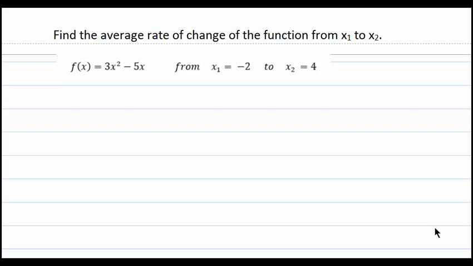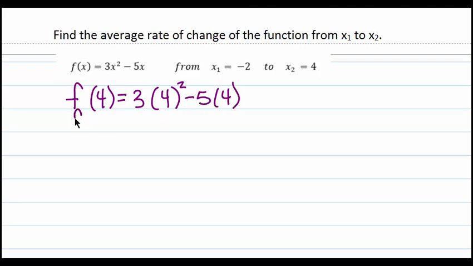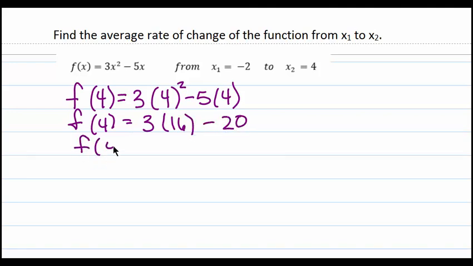So first thing I'm going to do is follow the formula. So I'm going to go ahead and find f of 4 is equal to 3 times 4 squared minus 5 times 4. So I have f of 4 is then equal to 3 times 16 minus 20. So then f of 4 is equal to 48 minus 20. So then f of 4 is equal to 28.